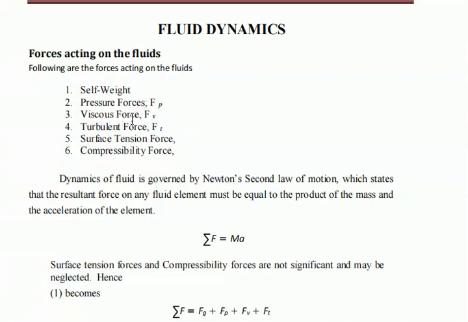The third one is the viscous force, indicated by Fv, and the fourth one is the turbulent force, indicated by Ft. The fifth one is the surface tension force, and the sixth one is the compressibility force. So these six forces are acting on the fluid while it is in motion.